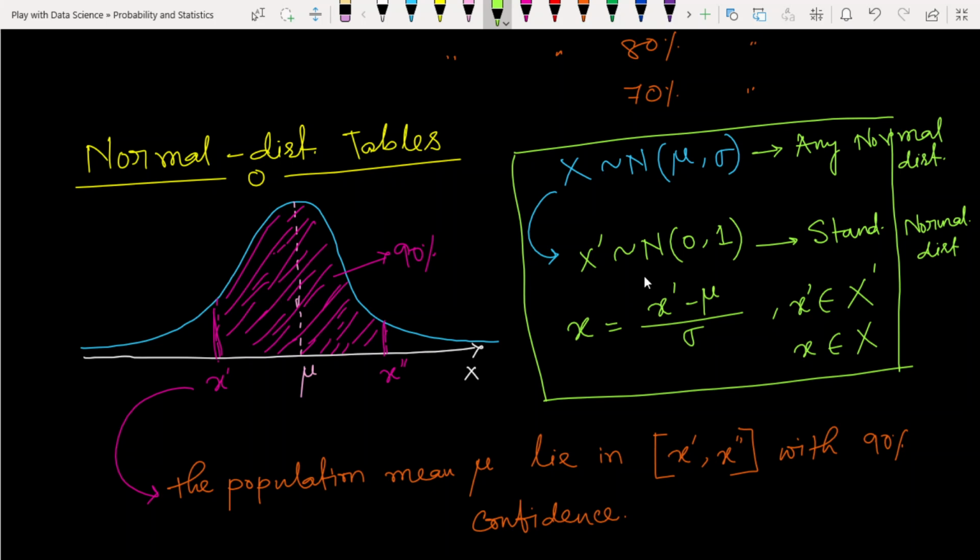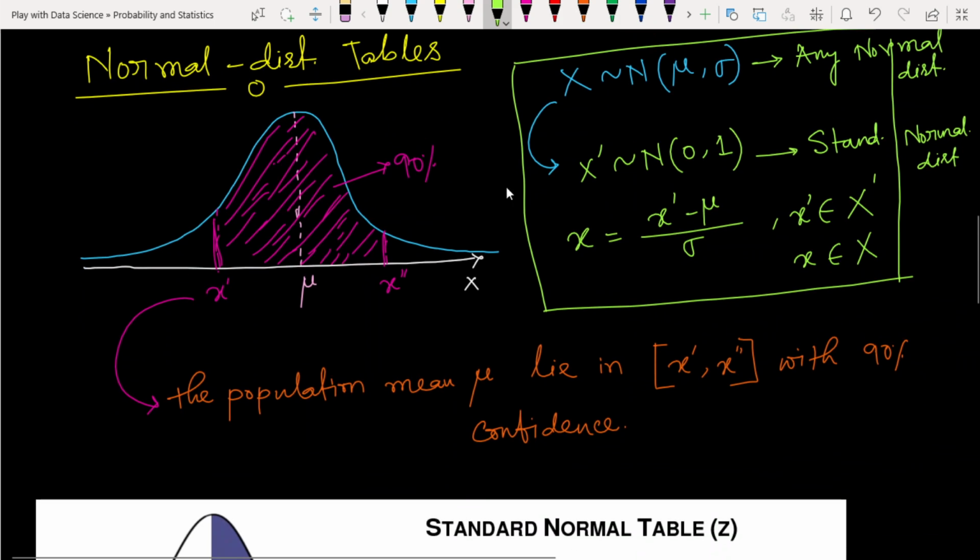I think you got that. After converting, the mean is now 0, and the standard deviation of the distribution is now 1.